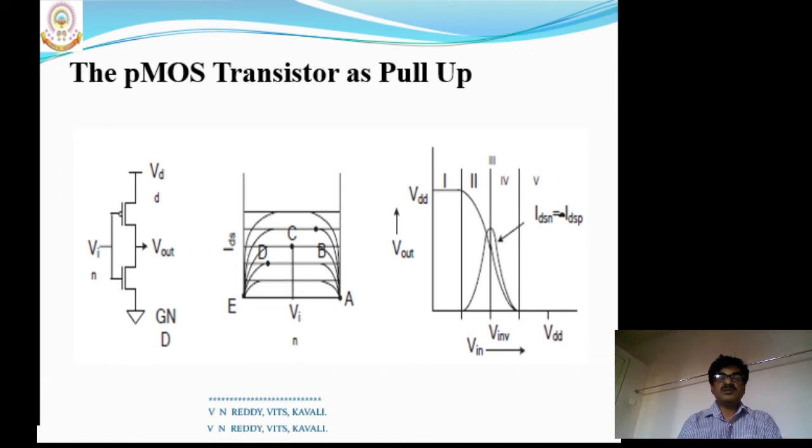Similarly, let us observe the operation applying logical 1 value at the input. Logical 1 means we connect a VDD voltage at the input. With that input voltage at the gates, the NMOS transistor is in on state, whereas the PMOS transistor is in off state.